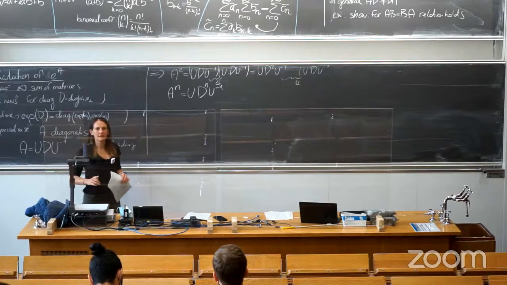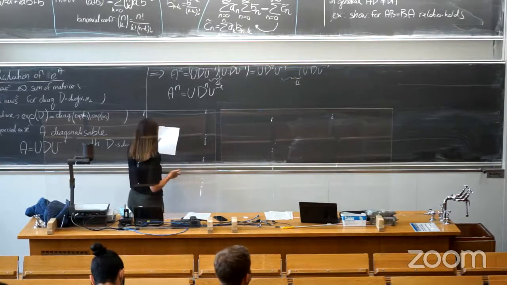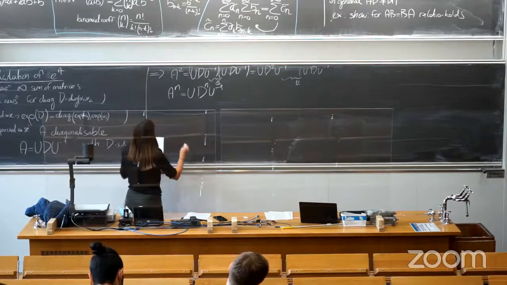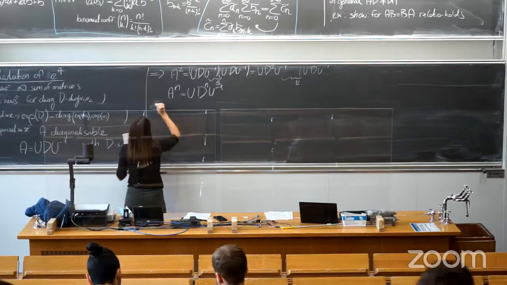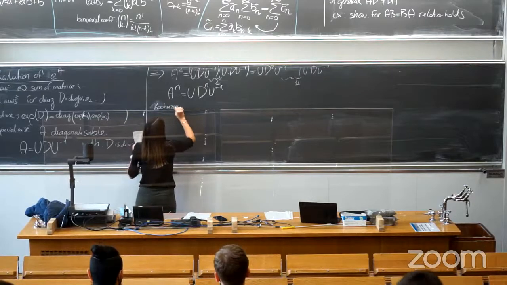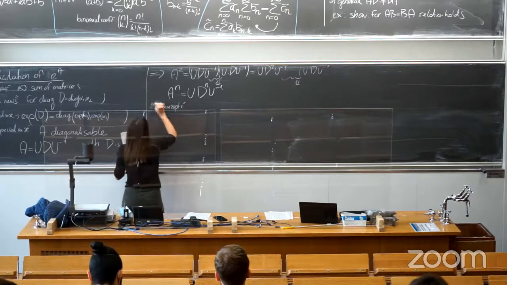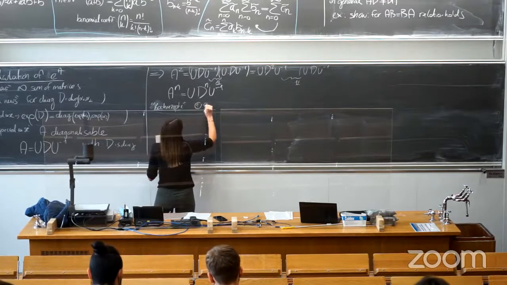Is it clear? Great. So how can we go on with it? The follow-up, like a Kochrezept, let's say it like this, I always like this German word. Step one: diagonalize your matrix.